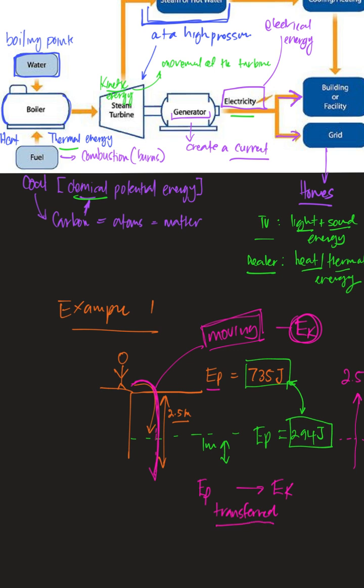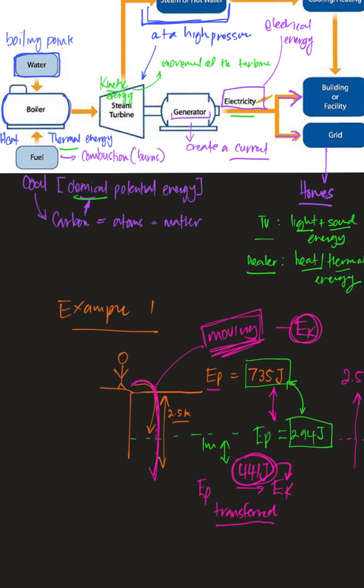And from 735 and 294, there was 441 joules of energy that was converted into kinetic energy in that little space, because as he jumped, he was in motion. So understand now that that energy didn't just go somewhere. It's still here, it's just that now it's not potential energy, it's kinetic energy.